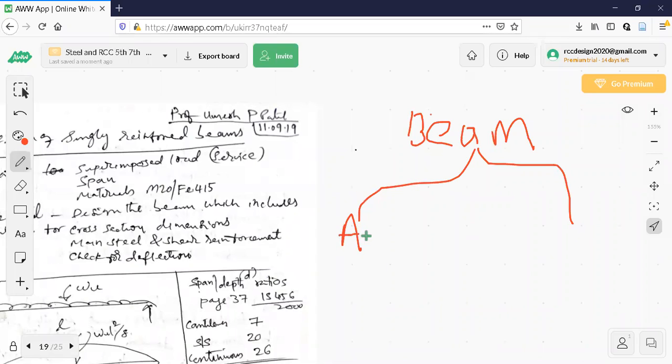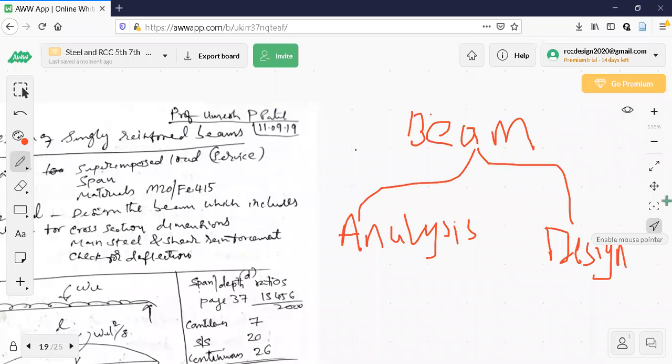Module 2 is analysis. Then module 3 is design. Now how do you differentiate between analysis and design?